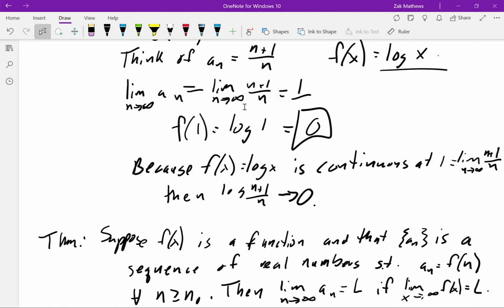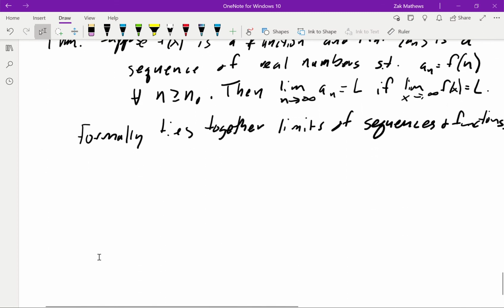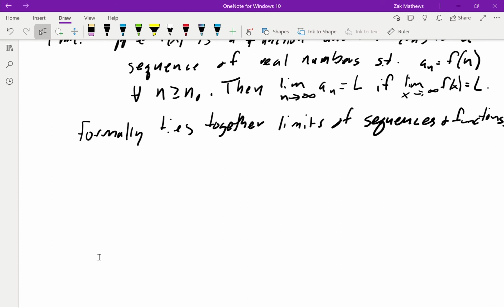I was making the claim that we could think about them in exactly the same way, and this is our basis for being allowed to do so. This theorem formally gives us the ability. Remember, we said that sequences are just functions. That is what they are at their heart. And so we can do everything to a sequence that we can to a function. So when we want to determine convergence of sequences, we are just thinking about what a function looks like.